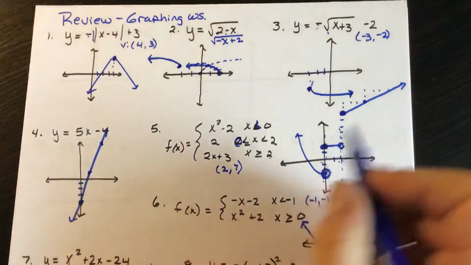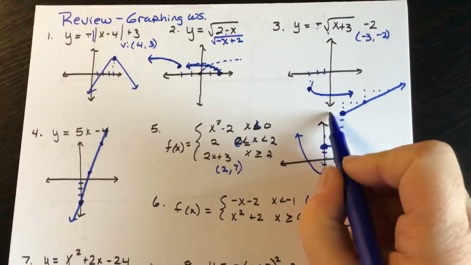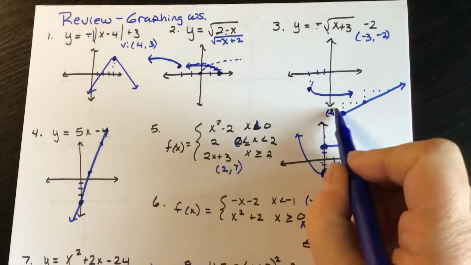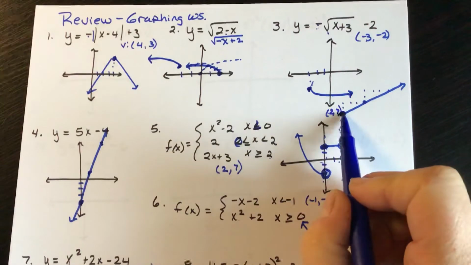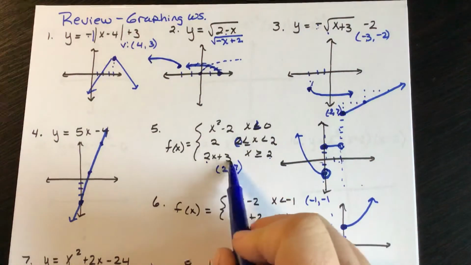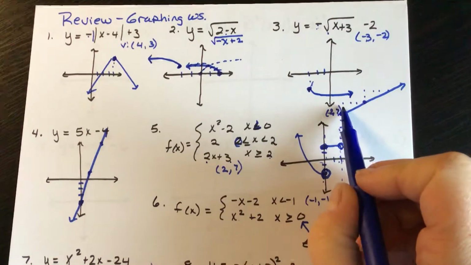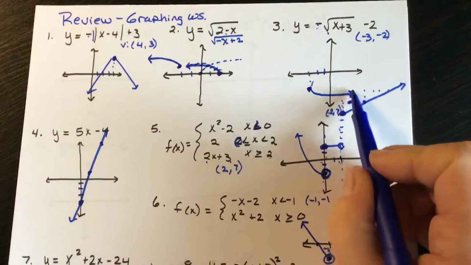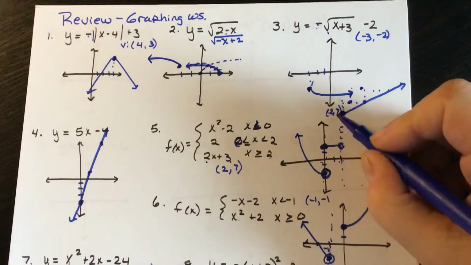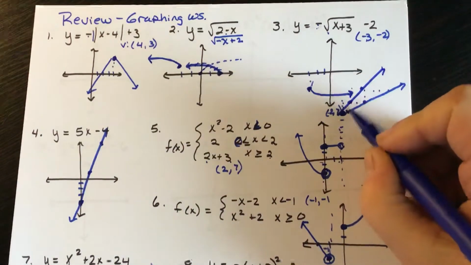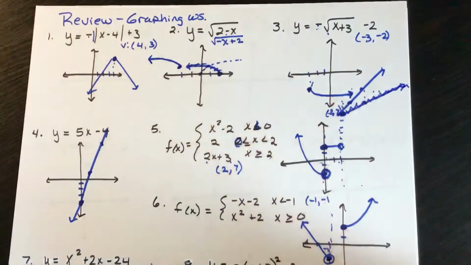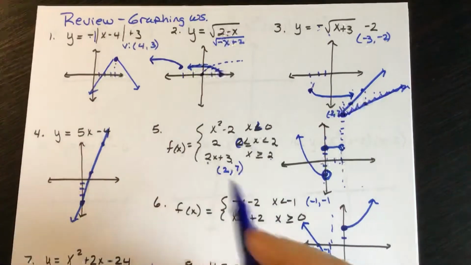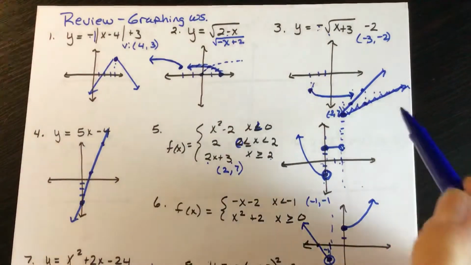So 2, 7 is my starting point. That's right here. And then from here, I'm just going to apply the slope, going up 2 over 1, up 2 over 1. So this is the correct line, not here. It's a good thing I'm going over this again. I made a couple mistakes.